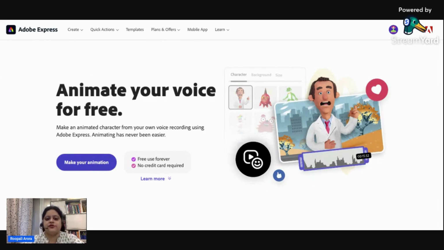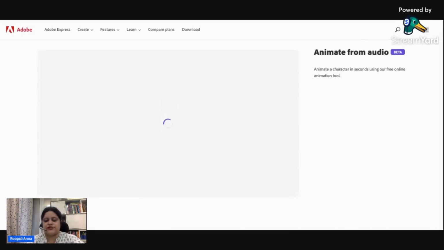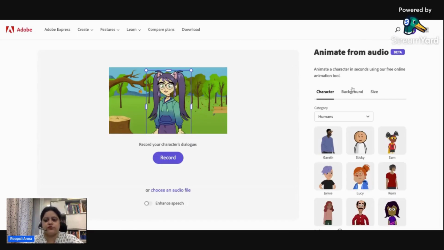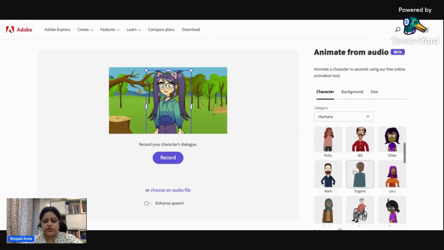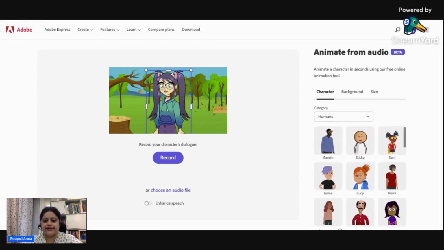It will take you to the page where there is a choice of character. There is a choice of background and also the size. So character will give you options. Which kind of characters do you want on your slides, which are speaking, animated characters?